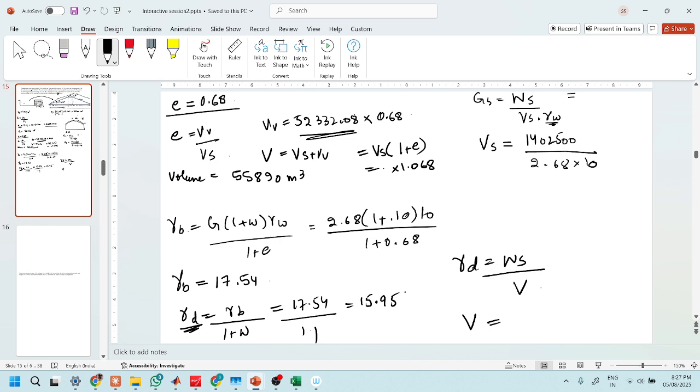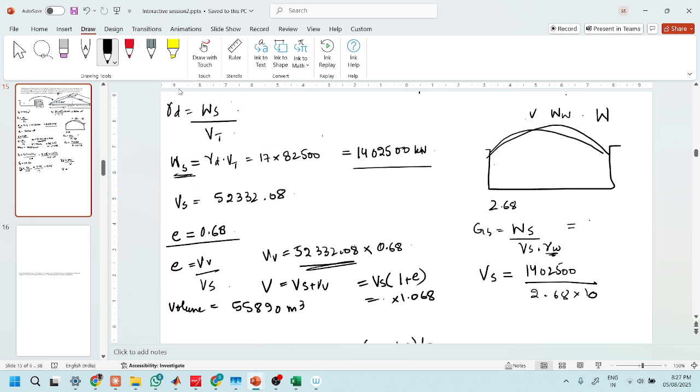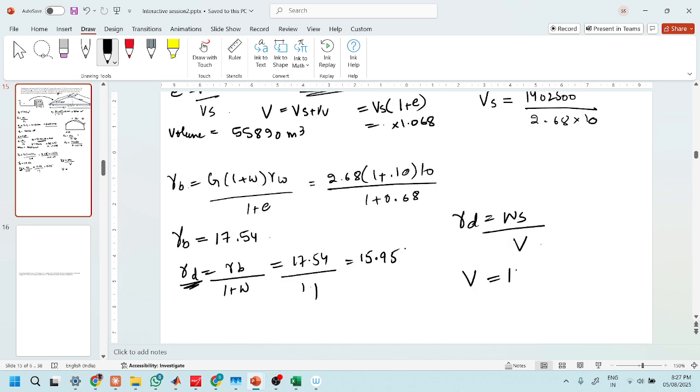So the total volume required is the weight of solids that we calculated.